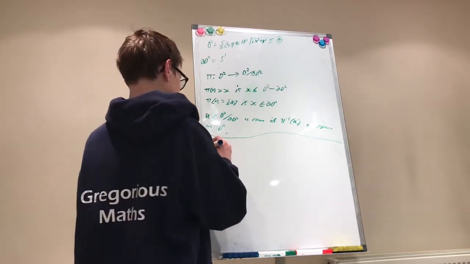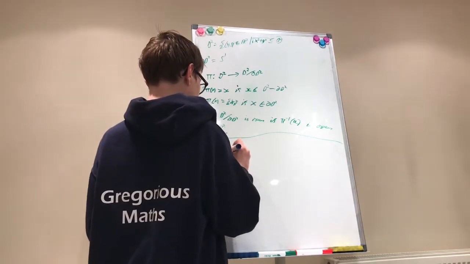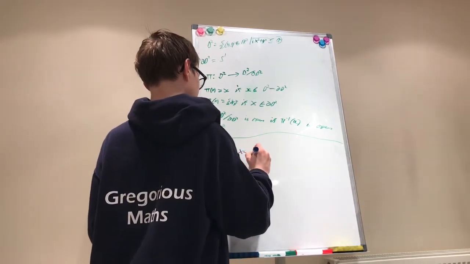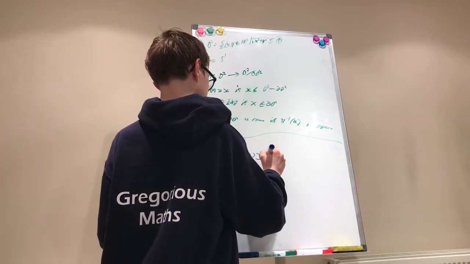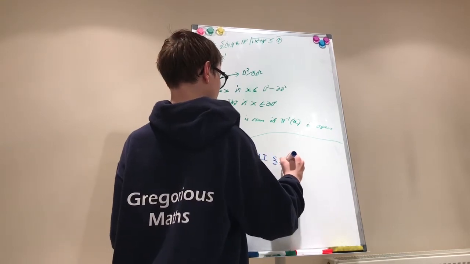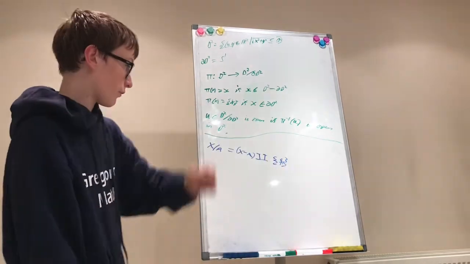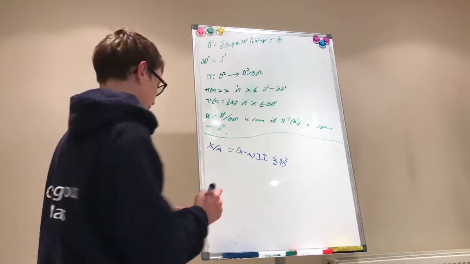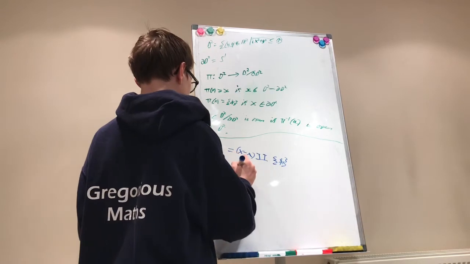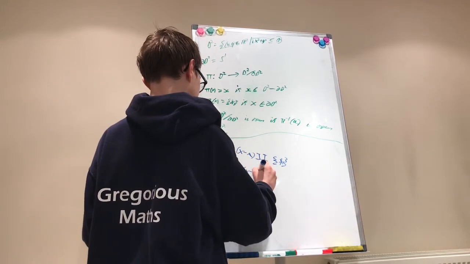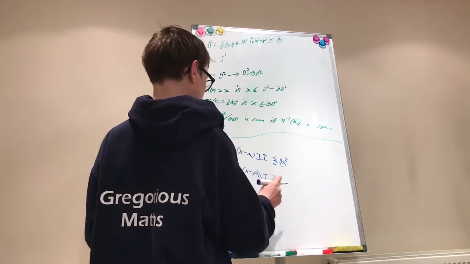If we have X mod A, this is equal to X minus A, and then you take the disjoint union with some point, let's call it star. So it's X minus A, disjoint union star.